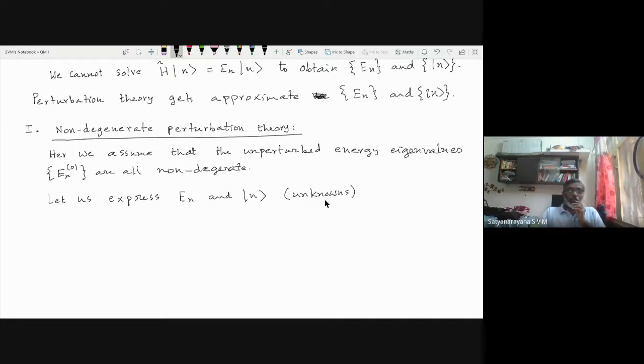En and n in a power series expansion in terms of parameter lambda.